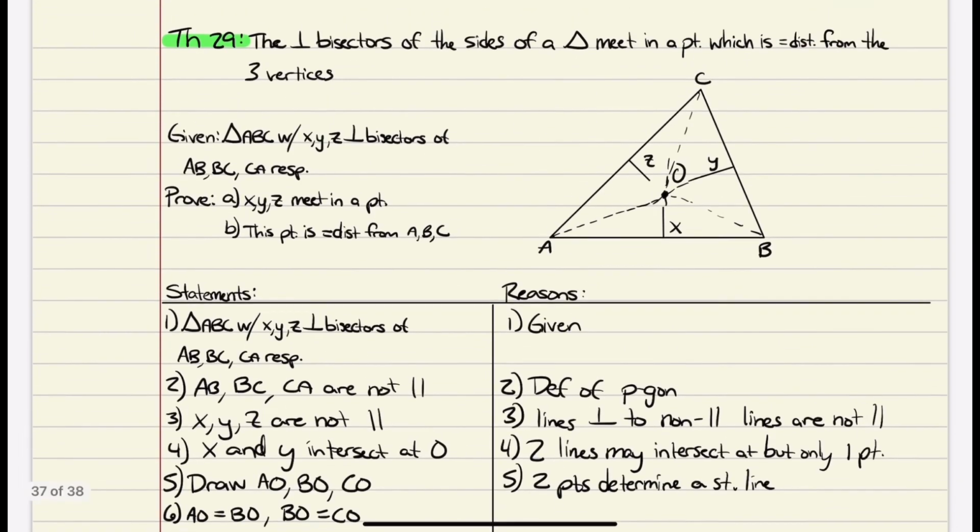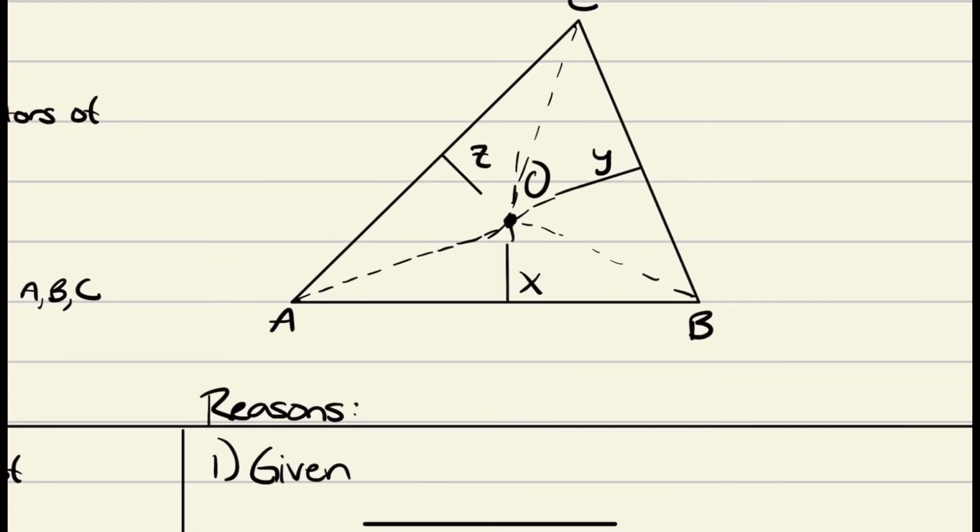We know that O is in the perpendicular bisector X, since O is in the line X. And so any point in this perpendicular bisector of AB is equidistant from the ends of that line.